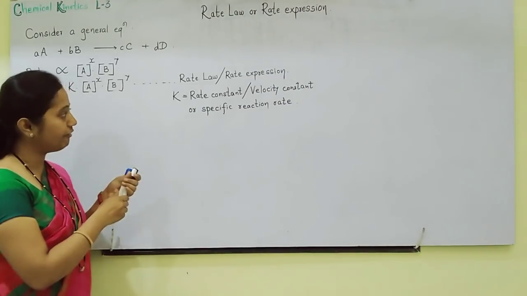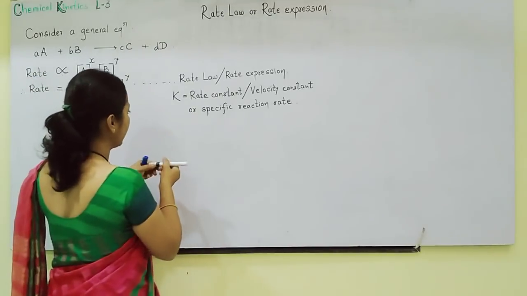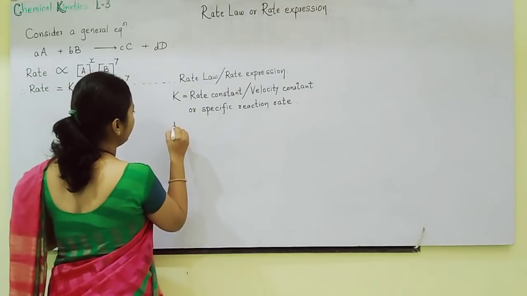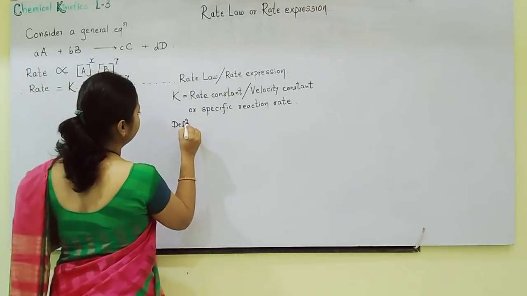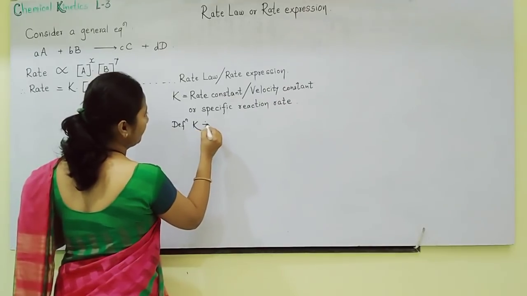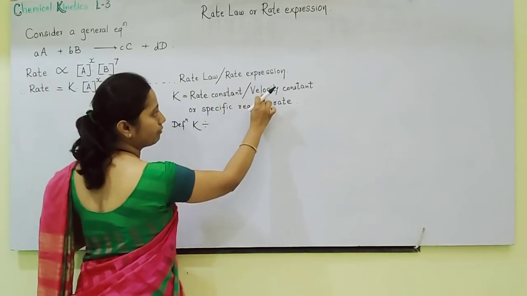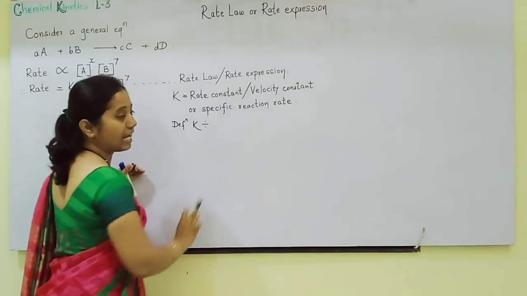So how can we define K? Here I am writing the definition of K. K is rate constant or velocity constant or specific reaction rate.